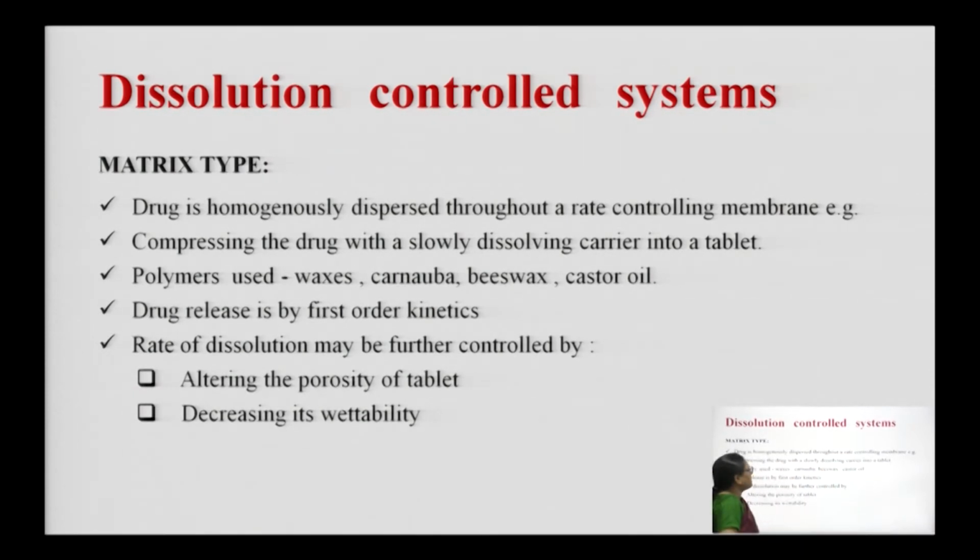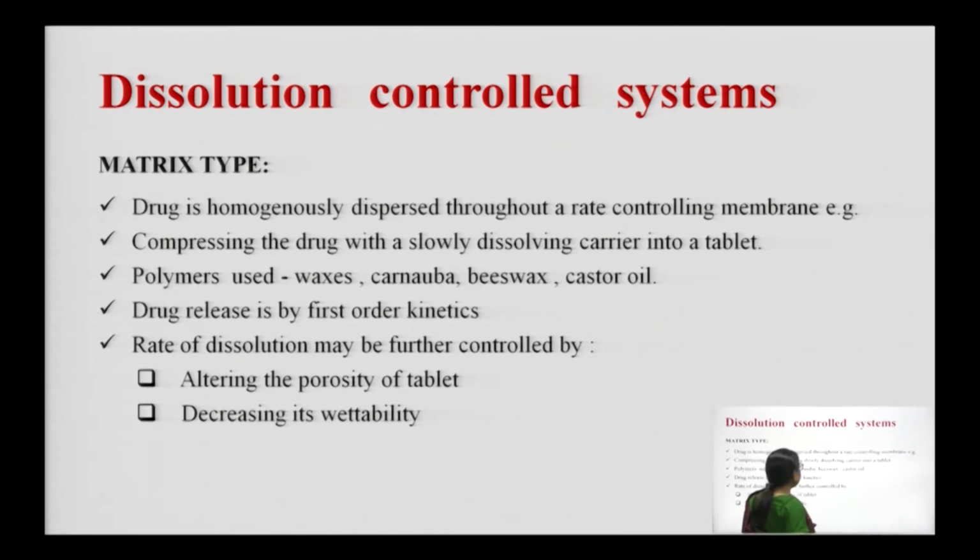An example of this is compressing the drug with a slowly dissolving carrier into a tablet. The simplest matrix type of system is a tablet, which can be made by compressing a highly water soluble drug with some waxy material like carnauba wax, castor oil or beeswax.